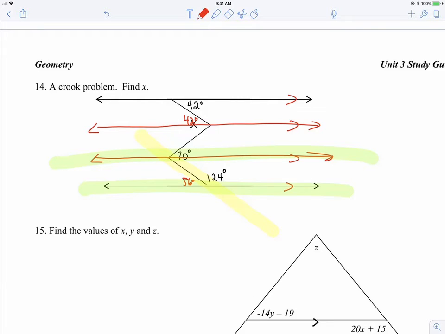So if that's 56, then I know that there is 56. So then I know 70 minus 56, this is 14 up here, because these two together have to equal the 70. So that's why I know that's 14.